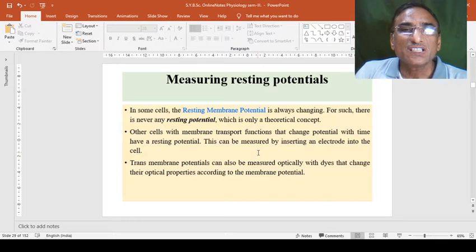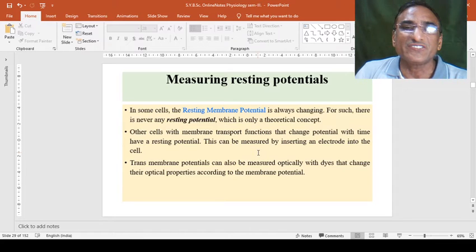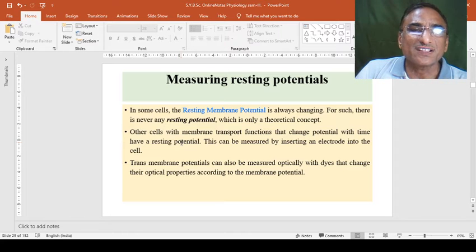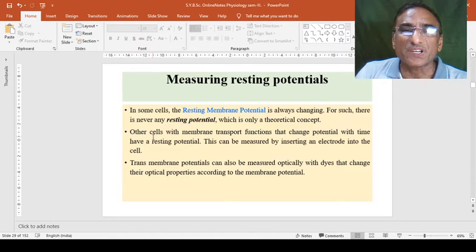Now some resting potentials are measured differently in different cells. We will see various cells. The resting membrane potential changes, but there is never any resting potential that is only a theoretical concept, which we will see in the next clip.